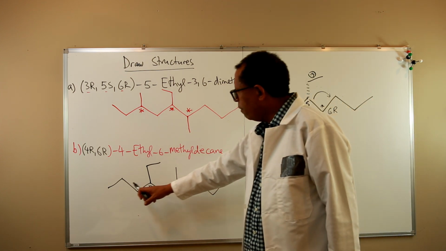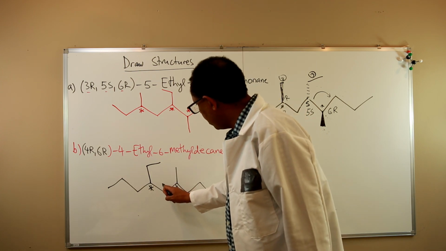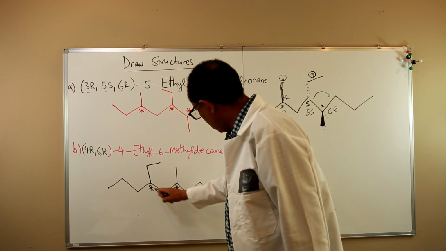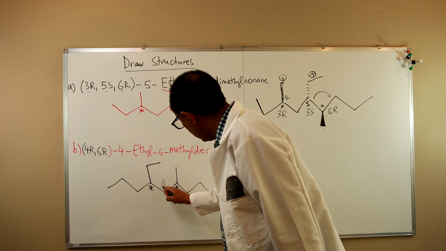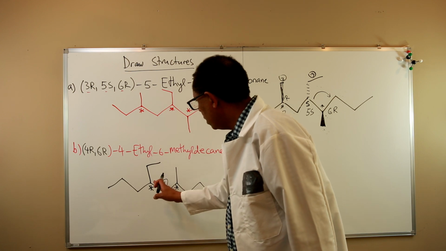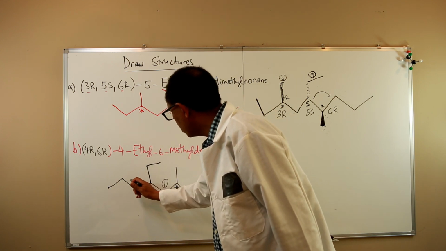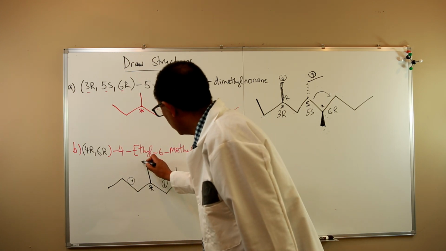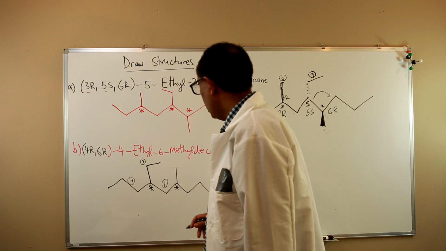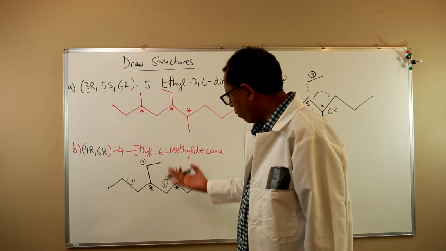For this carbon, this whole chain is the larger group, priority 1. This whole group is a propyl group, and this is ethyl, so this will take priority 2. This will take priority 3. Obviously, the implied hydrogen is the 4th group.